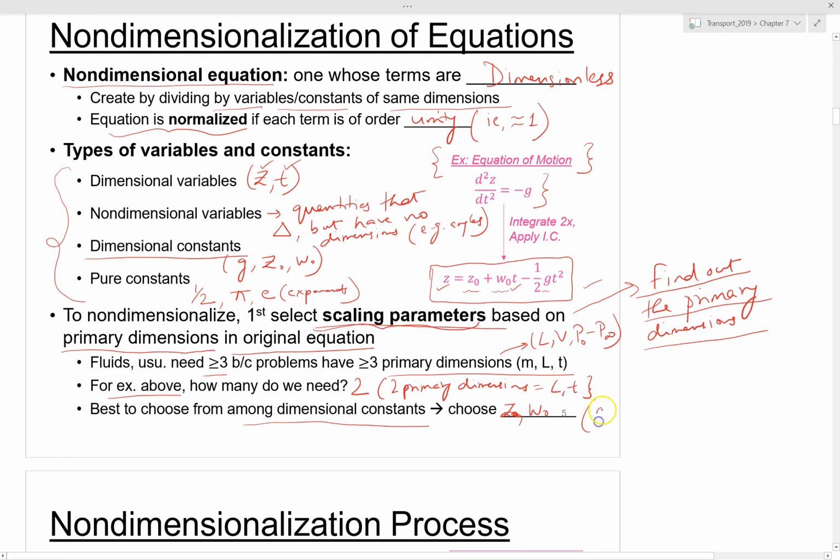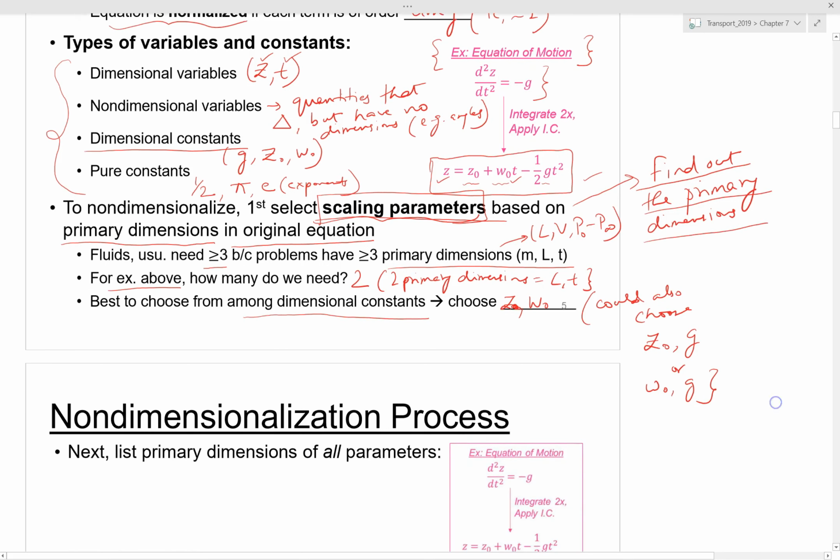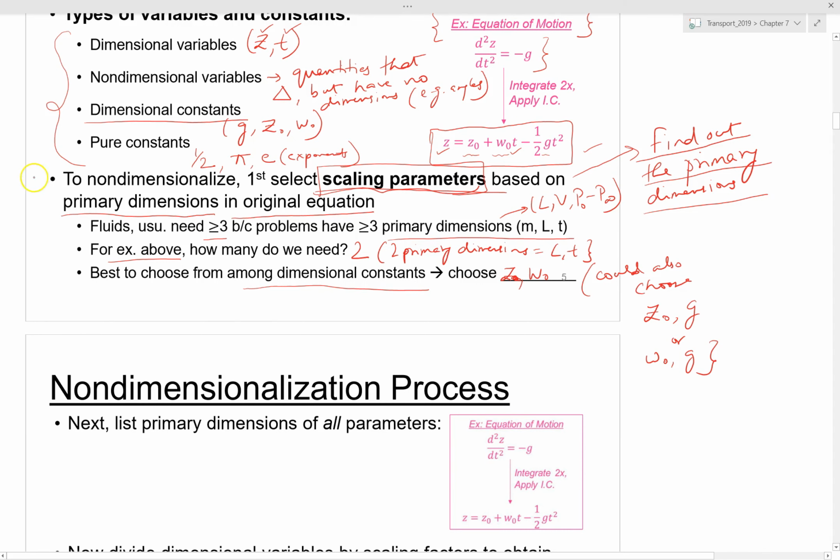You could also choose Z0 and G, or W0 and G, to basically form your scaling parameters. Okay, so let's see how we go about applying this non-dimensionalization to this problem.